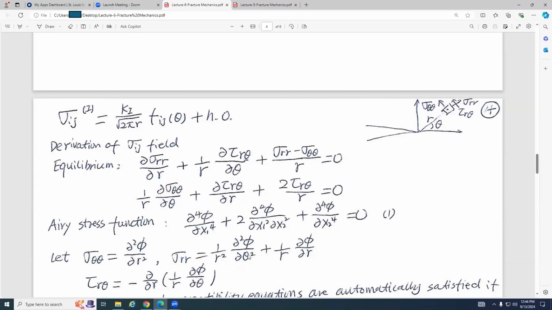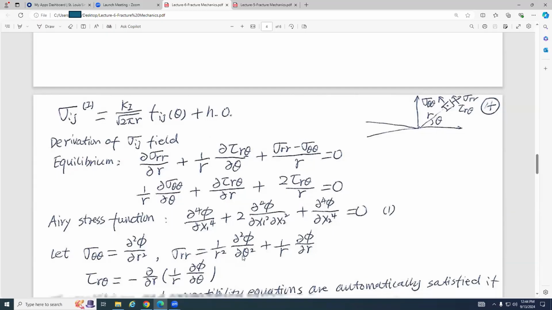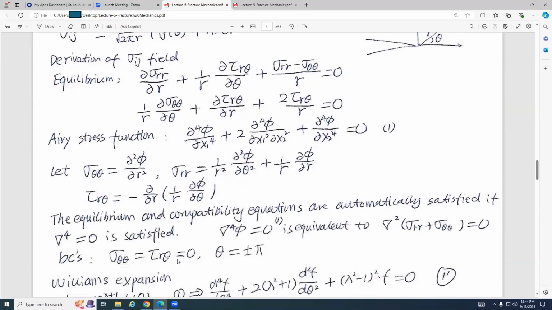And for this crack, we do not have any stress values. That's the reason for the boundary conditions at theta equals positive pi and negative pi, and we know that sigma theta and tau r theta equal 0.